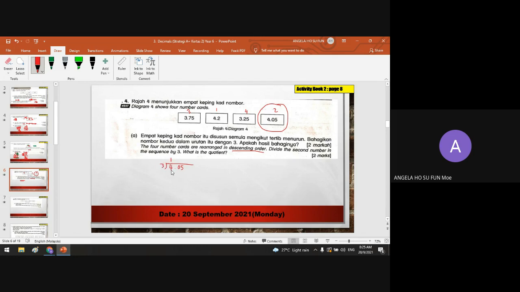So 3 times 1 is 3, remain 1. Put the 0 there. Bring the 0 down. 3 times 3 is 9. So you minus, left 1. You bring the 5 down, become 15. So 3 times 5 is 15. So what is the quotient? The quotient is 1.35. Okay, done. All right, this is A.